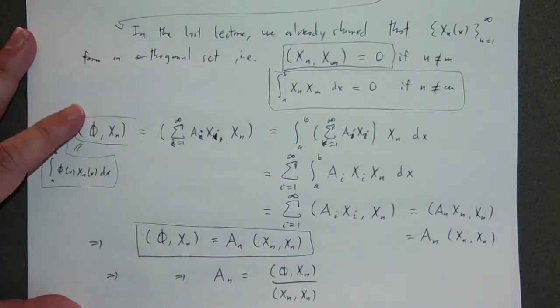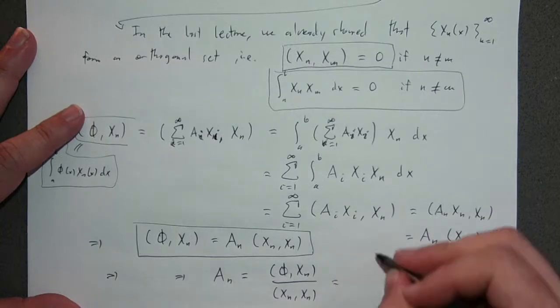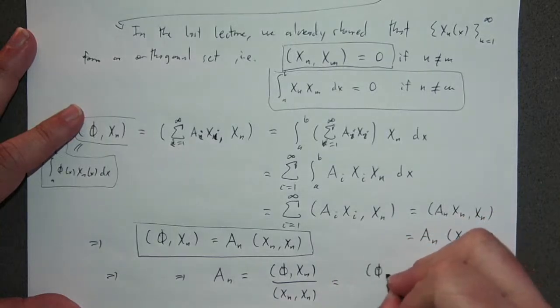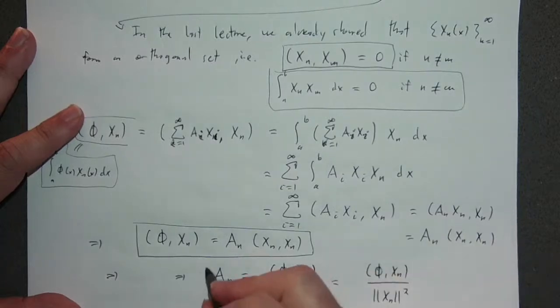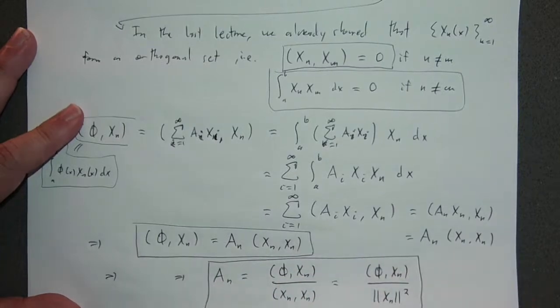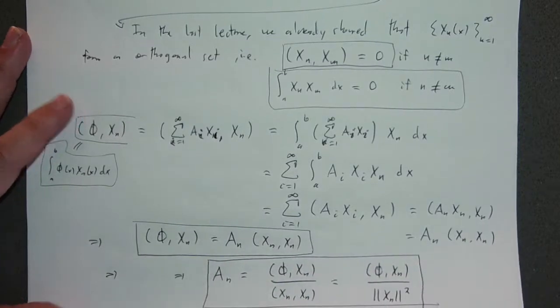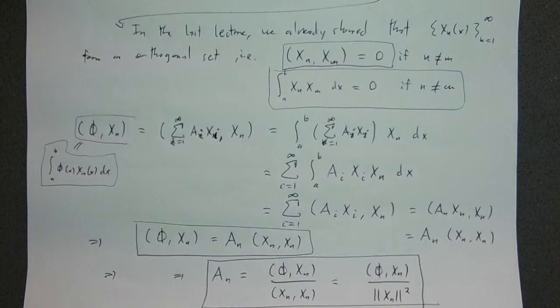In the language of the L2 norm, I could also write this as phi paired with x sub n over the length of x sub n squared, if you like. And oh my, those coefficients are given exactly by this.